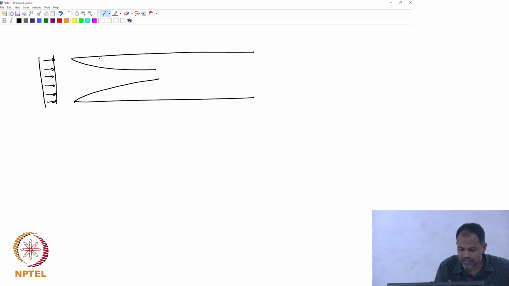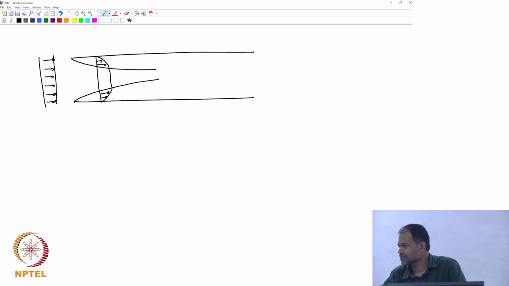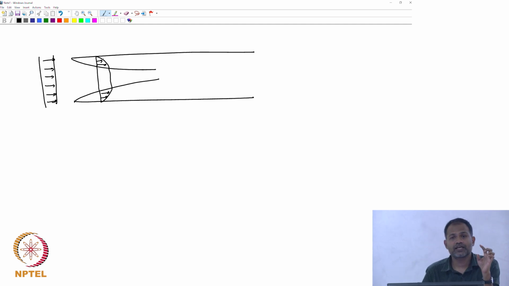Inside this layer, the velocity profile is going to be like this. The regions very close to those plates slow down, but in between the fluid is still coming with a uniform velocity. That is basically the boundary layer growth.